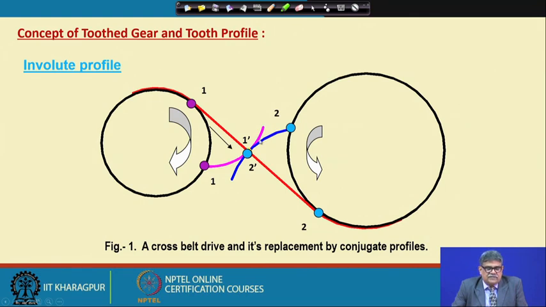The obvious alternative is that we should have such profiles at certain intervals, and that interval must be uniform, and then if we can make these drums with these profiles such that when one is disengaged, at least another one will be engaged, then we will get the tooth gear.